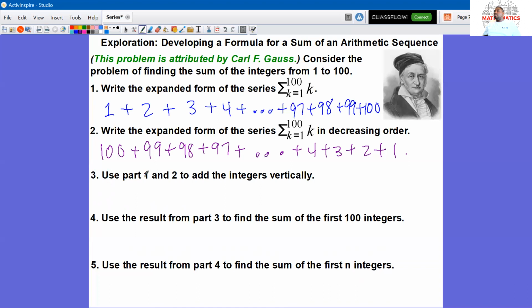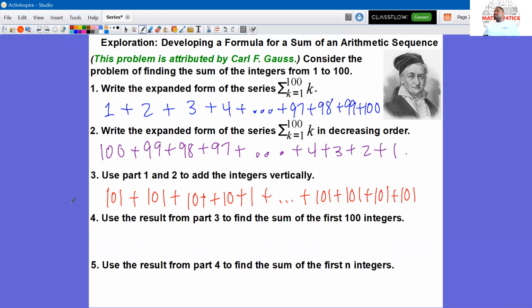And then it says use part 1 and part 2 to add the integers vertically. So we're going to add like this, part 1 and part 2. And what you're going to notice is that's going to give you 101 plus 101 plus 101 plus 101, a hundred times.